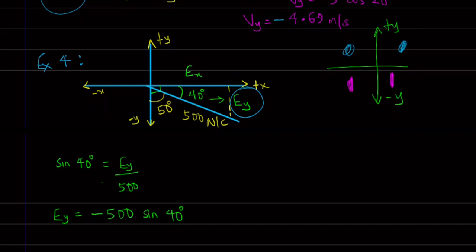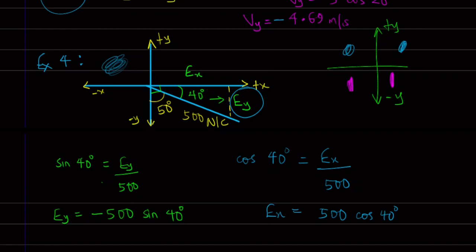Then for cos 40 degrees, we're going to have adjacent. Adjacent is now EX over the hypotenuse, which is 500 Newton. So we cross multiply. EX becomes 500 cos 40 degrees. We need to know the sign for EX as well. Is it positive or negative? Look, EX is located on the positive x-axis, not along this side.